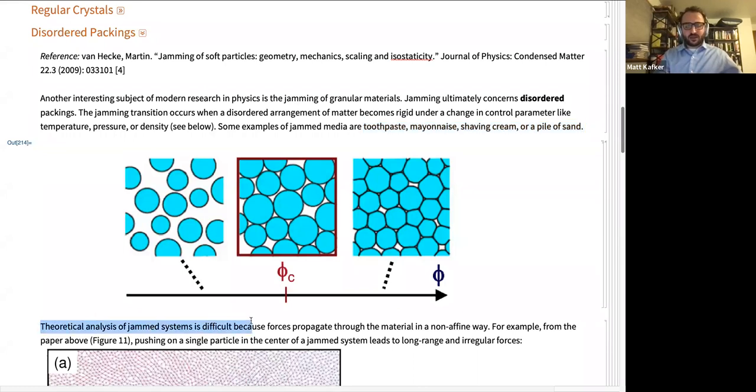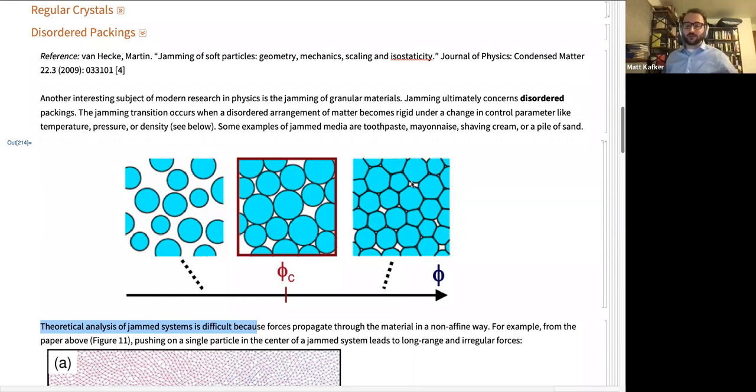So theoretically, it's difficult to analyze these systems. There are heterogeneous sizes of these spheres and particles, and they're deforming in response to forces. One of the ways you might hope to get a handle on this is in very crude macroscopic ways. You apply a force or a shear to the entire collection of units and try to see if you can compute some sort of elastic modulus, bulk modulus, shear modulus, something like that.